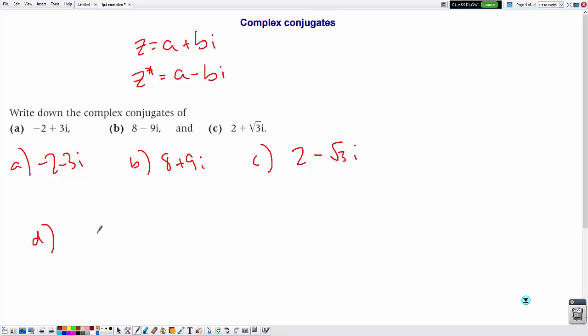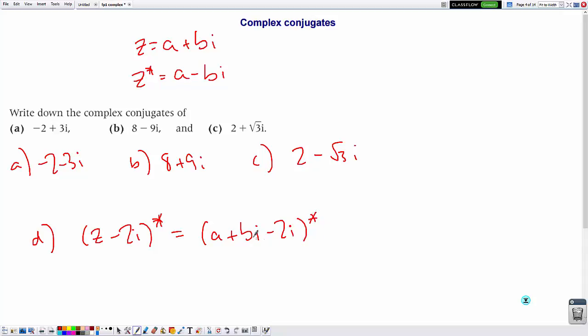Let's imagine they wanted you to work out the conjugate of z minus 2i. So now when doing something like this, remember z is just any complex number. So I'll represent z with a plus bi. It's any complex number. So I'm actually working out the conjugate of this.